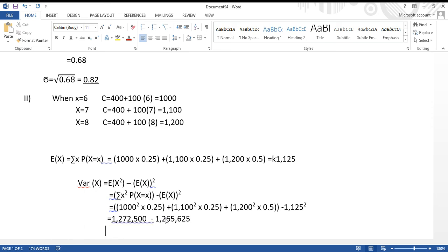Our variance cost is 1,272,500 minus 1,265,625, and we get 6,875.